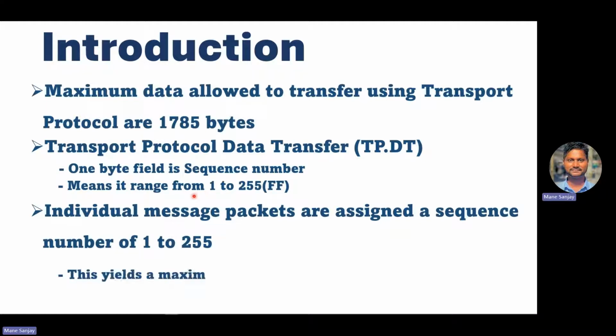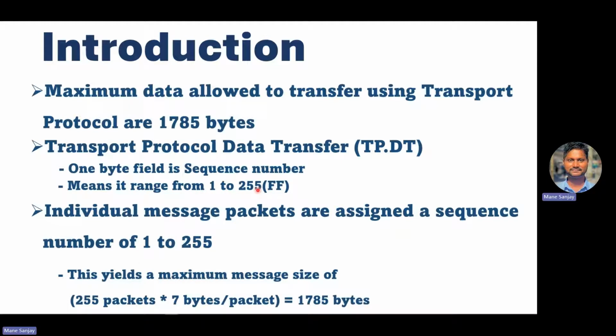So the calculation is very simple. The maximum is 255, as I explained here. And as I explained earlier, 8 bytes of the frame are possible, right? The first byte is used for the sequence number.